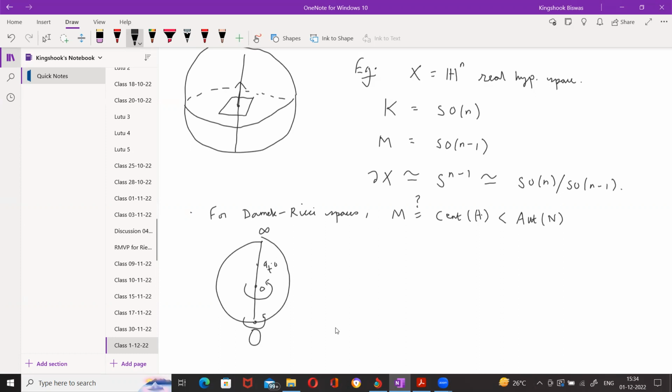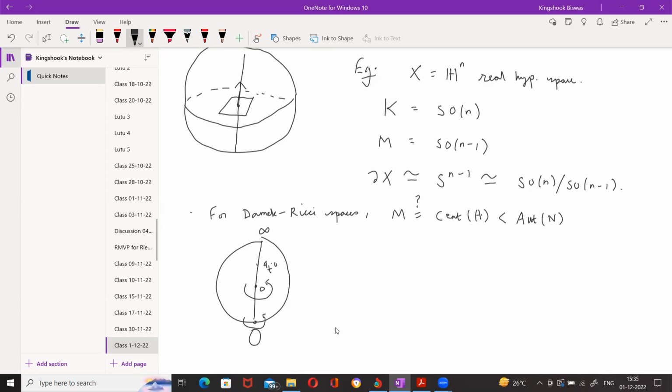There is a group M, which is a subgroup of Aut N, which is a compact group. A is a non-compact group inside Aut N, but this M is a compact subgroup of Aut N. There is such a group. Can we comment anything about its Lie structure?